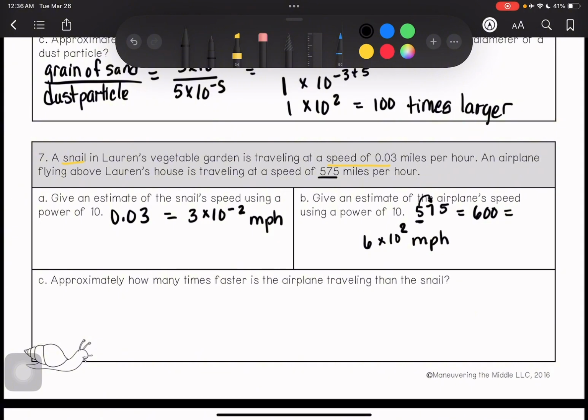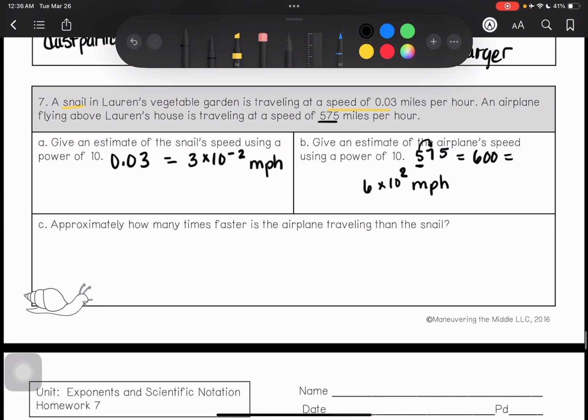Letter C says approximately how many times faster is the airplane traveling than the snail? How many times faster is similar to what we said about how many times greater. So we're going to write our word problem and set it up as we would any other high stakes testing word problem.